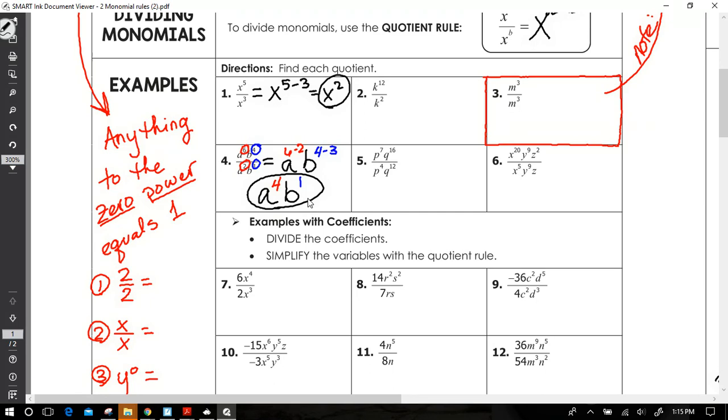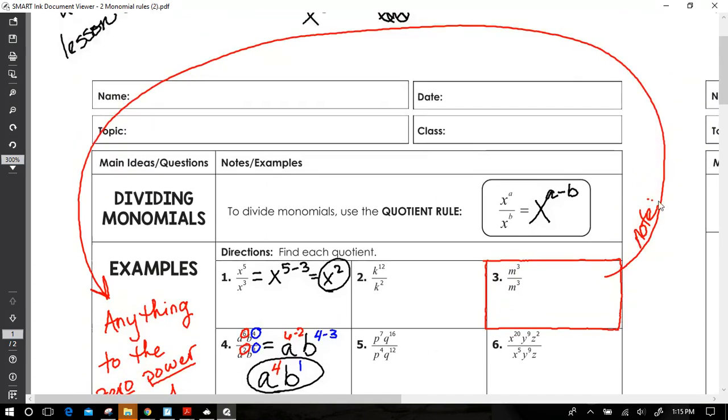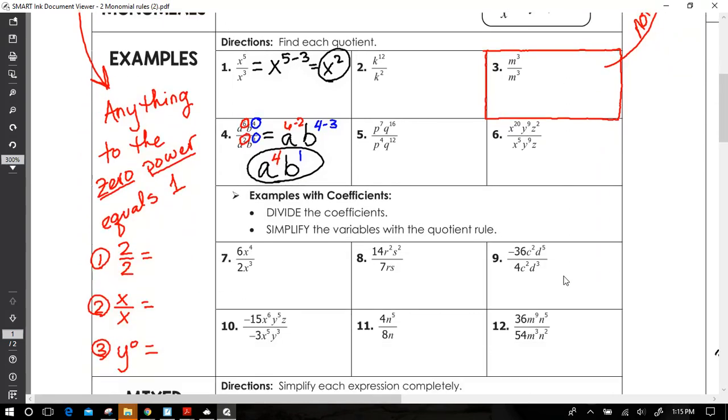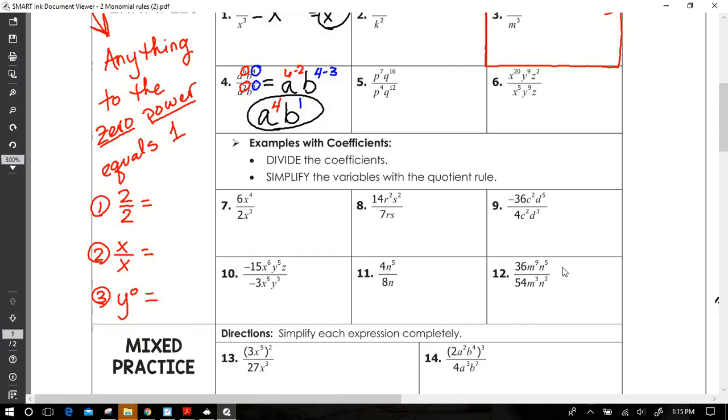I now want to do number 3. And for number 3, I circled that box in red, and then I did a big old arrow to the other side of my paper with a note that I'd like for you to write down. That anything to the 0 power equals 1.